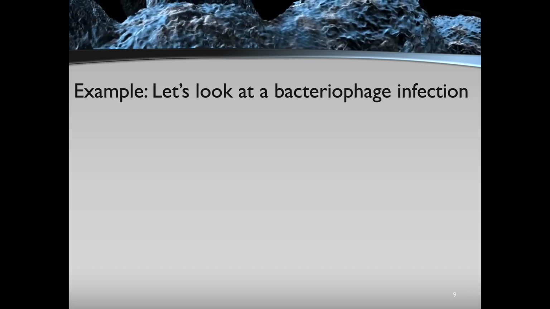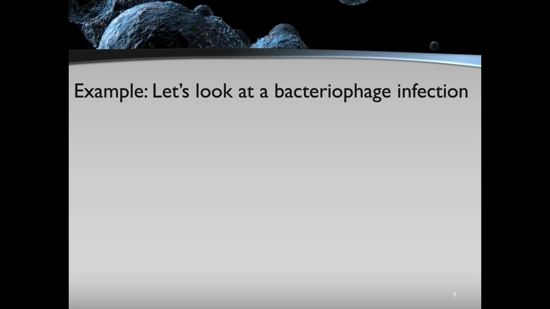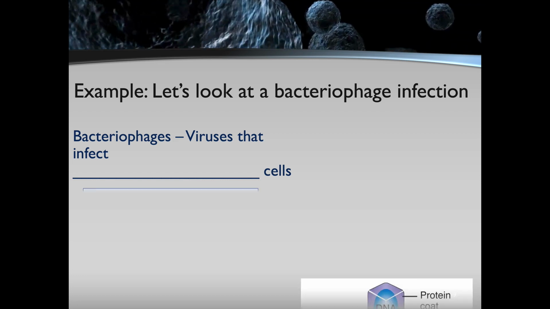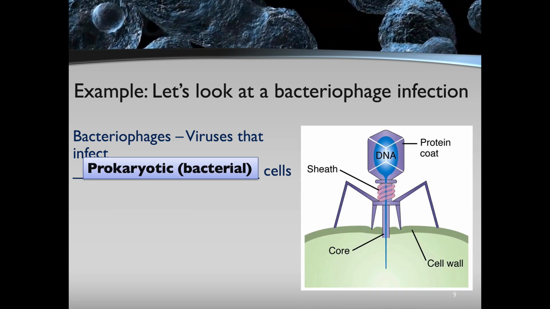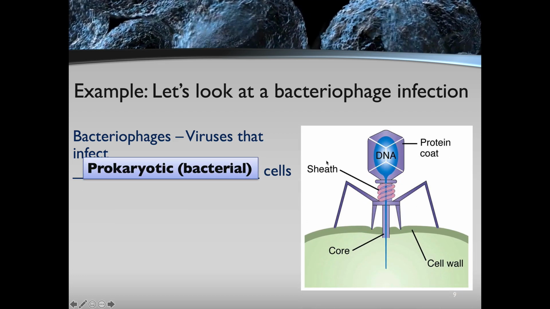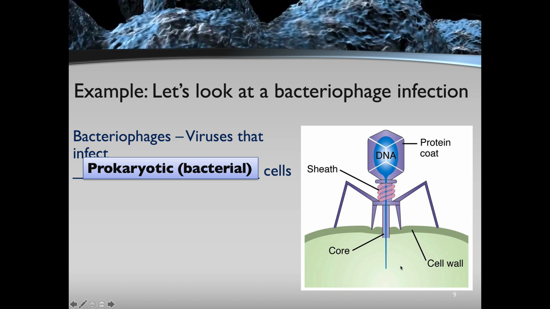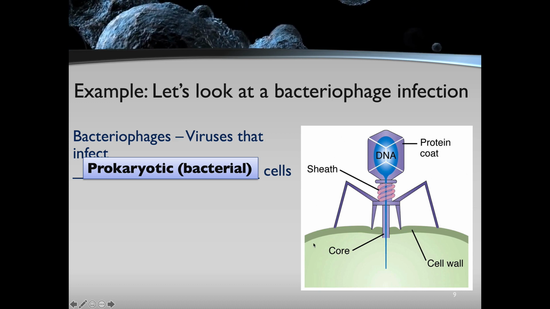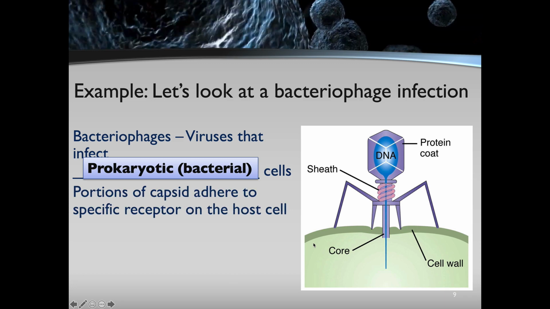Next, let's take a look at a bacteriophage infection. Viruses can actually infect bacterial cells, and it does so through what we call a bacteriophage virus particle. That was the one that kind of looked like the space probe.